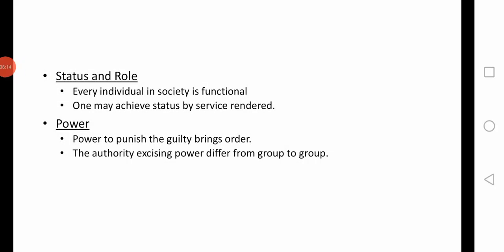So the society providing the service has its own role. Now the power. Power to punish the guilty brings order. Every society will stand together if there is a person or a power who controls them. The authority exercising power differs from group to group.